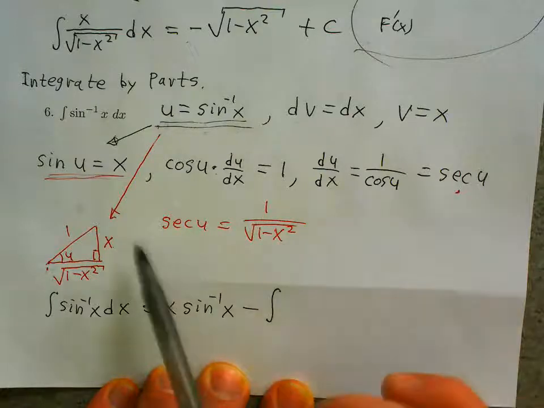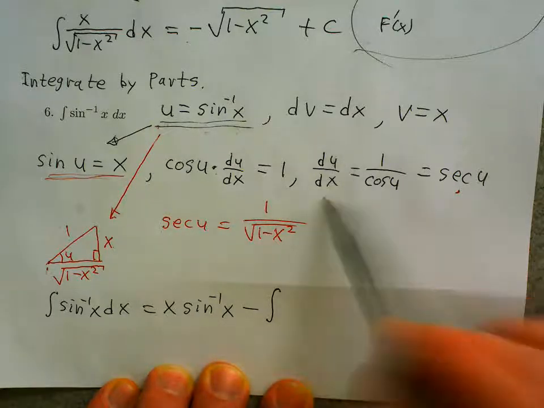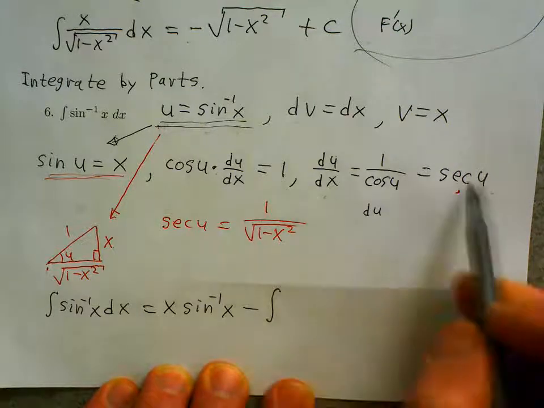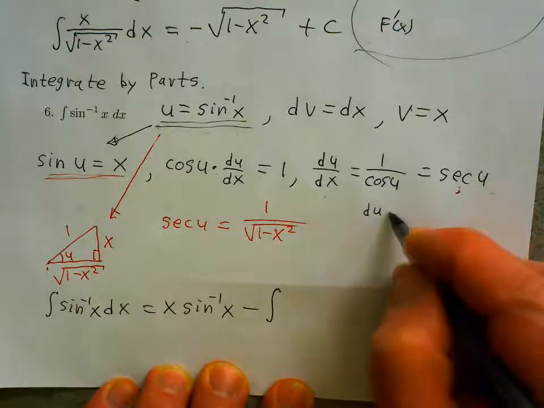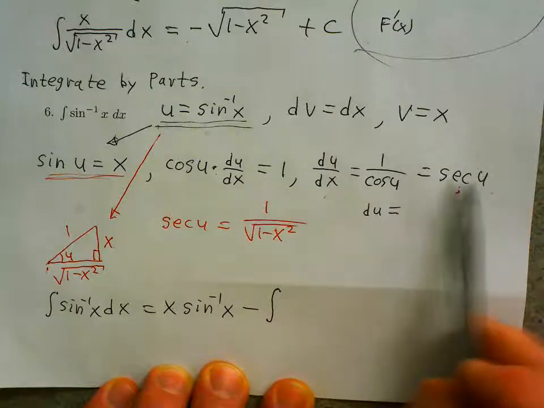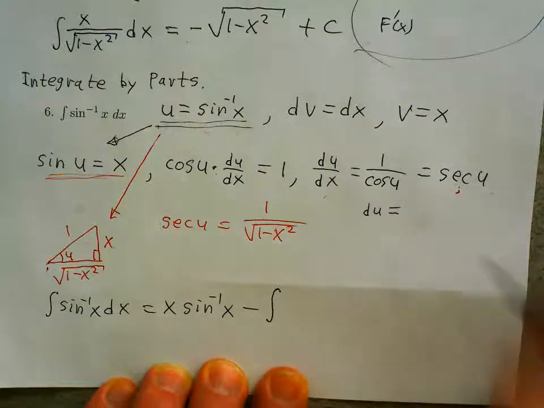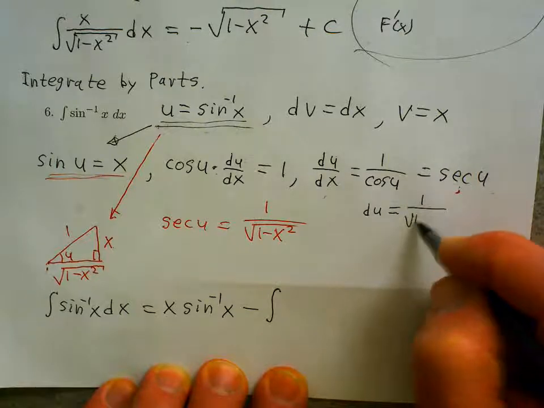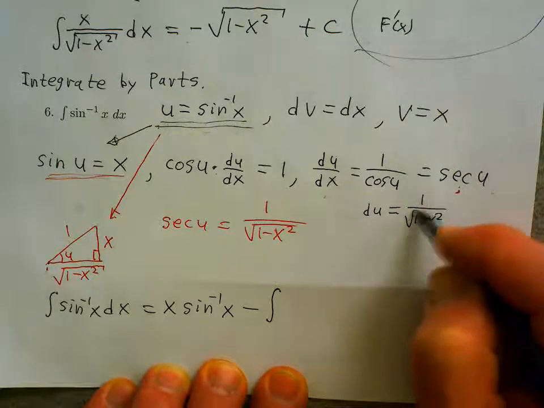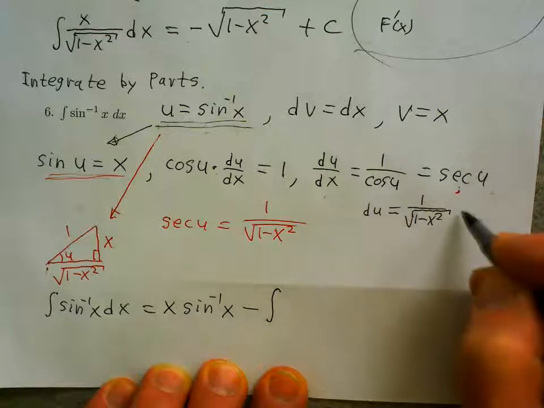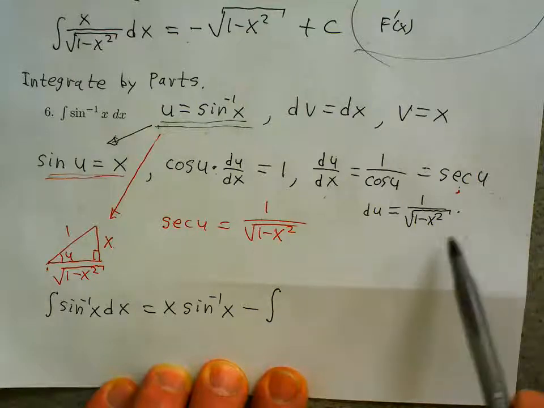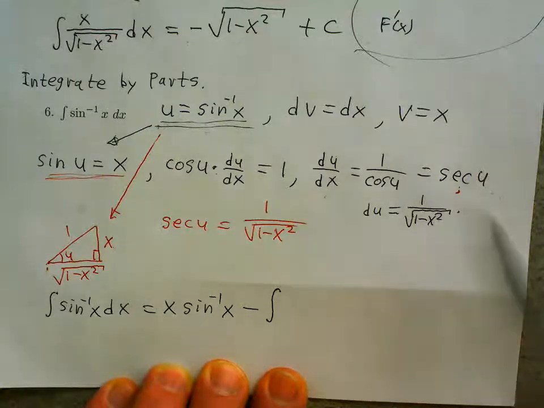Since du dx is secant of u, or du is secant of u, which is 1 over the square root of 1 minus x squared, times, so what am I missing? Oh yeah.